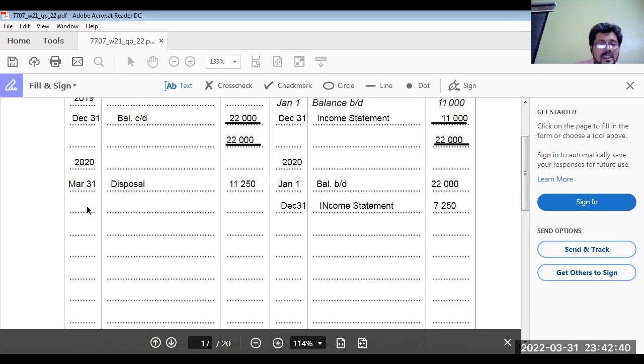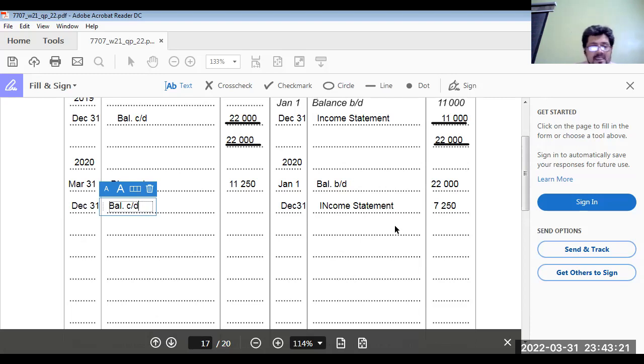And now we have to calculate balance c/d. So what is the amount of balance c/d now? It's easy to calculate. 22,000 plus 7,250 is 29,250. 29,250 minus 11,250, so the balance is 18,000.